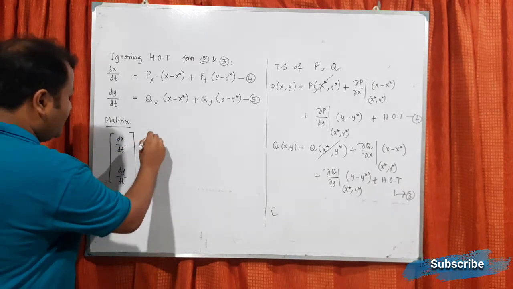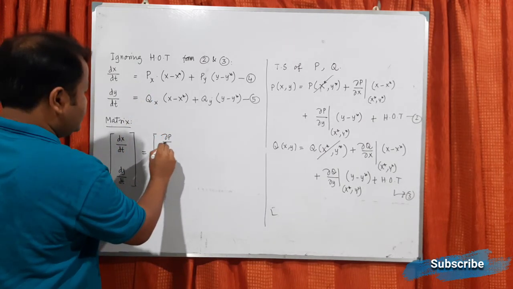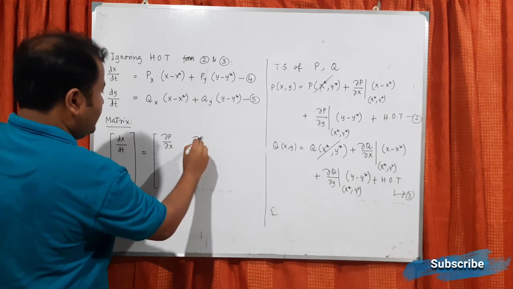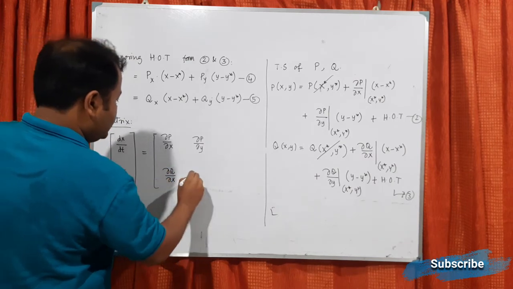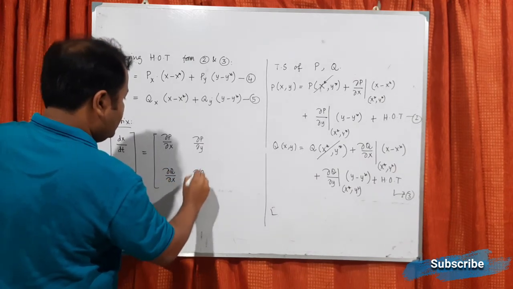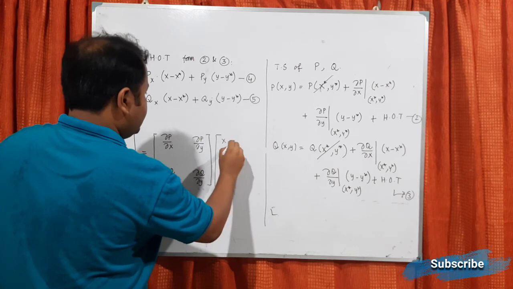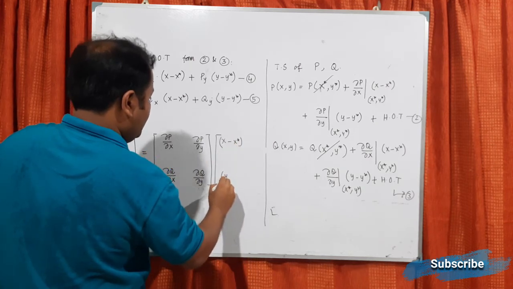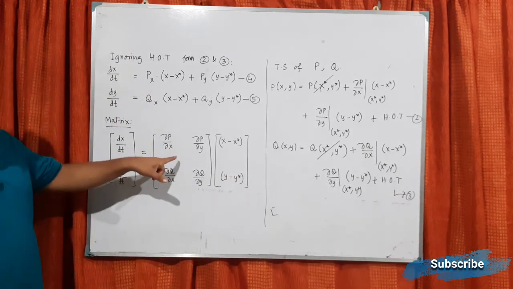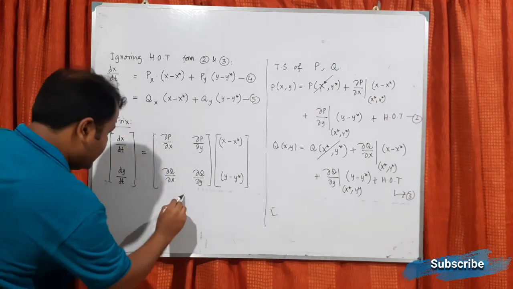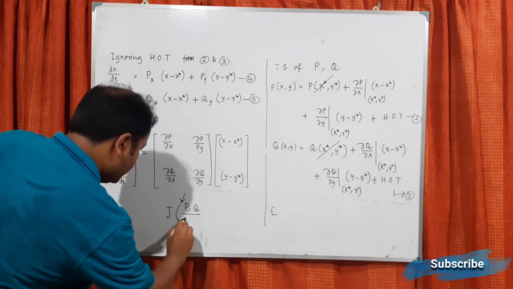On the right hand side, we got another matrix, ∂p/∂x, we can write p_x, ∂p/∂y, ∂q/∂x, ∂q/∂y, into [x minus x*, y minus y*]. Now look into this one. What is this matrix? This matrix is nothing but the Jacobian of p and q with respect to x and y.